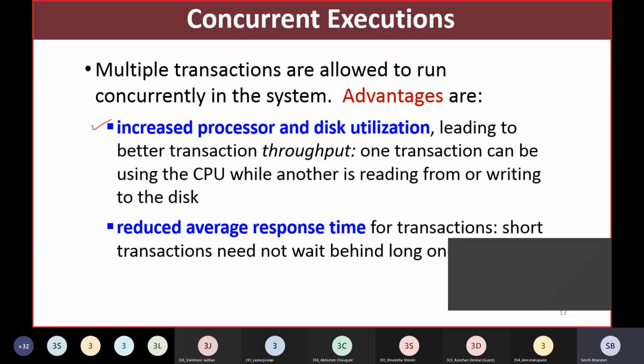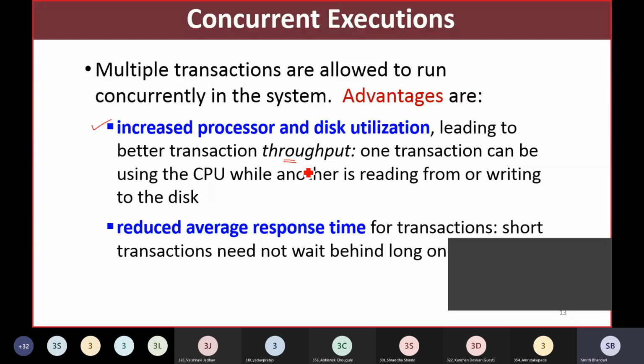All these kinds of activities and the parallelism in the I/O system and CPU utilization increase the throughput of our system. What do we mean by throughput of our system? It means the number of transactions that are executed in a given amount of time.